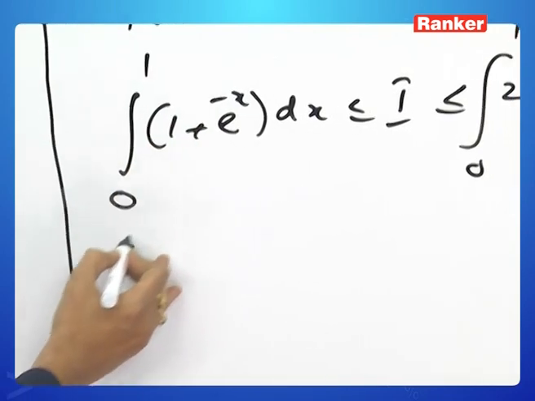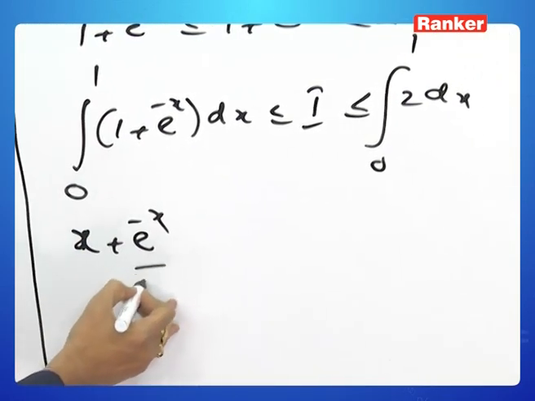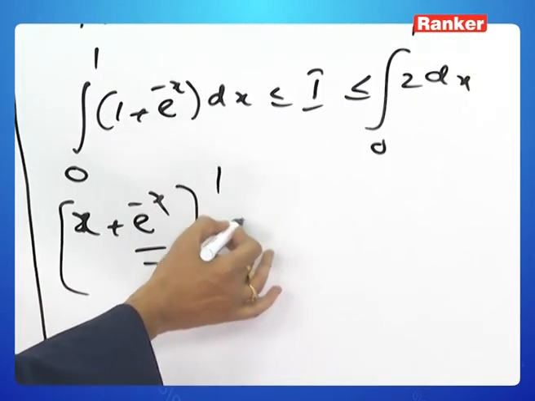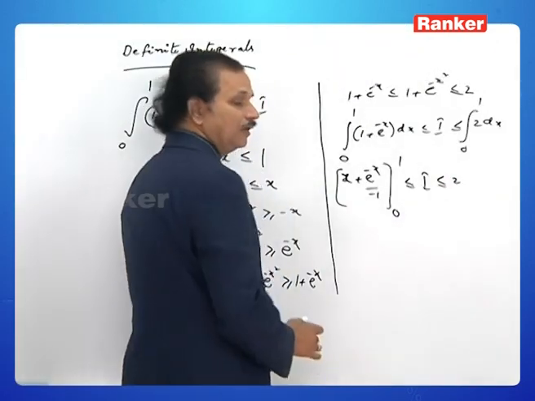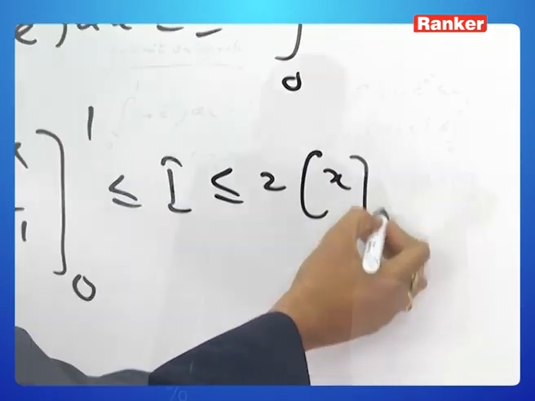Integral of 1 is x plus e power minus x by minus 1 between the limits 0 to 1, less than or equal to I less than or equal to 2 into integral 0 to 1 of 1 dx, which is x between the limits 0 to 1.